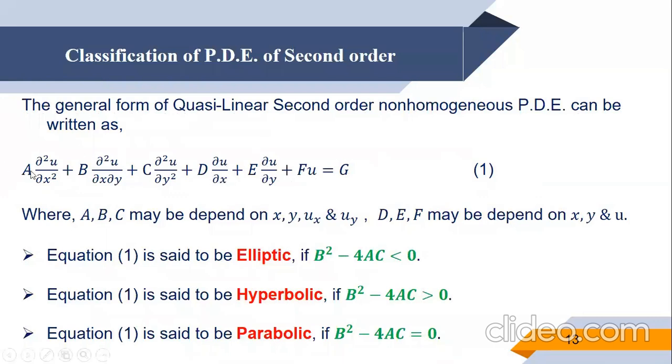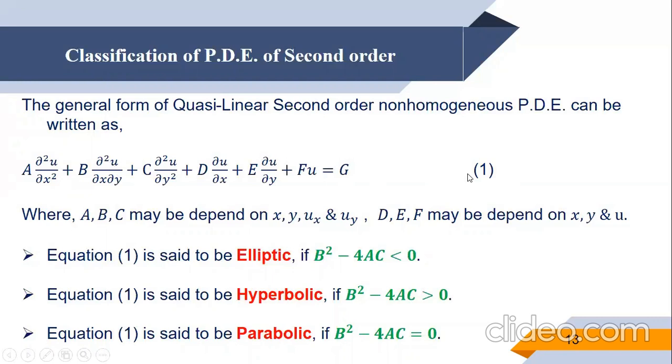Now this second order PDE, how to classify? We find the values of A, B, C, and the theory is: equation 1 is said to be elliptic if B square minus 4AC is less than 0.